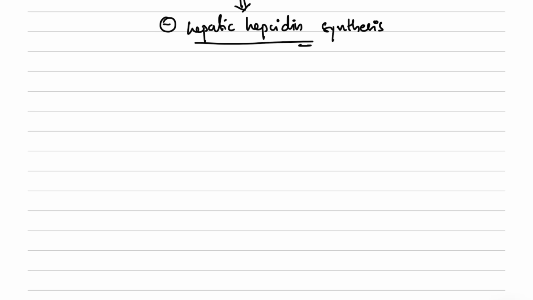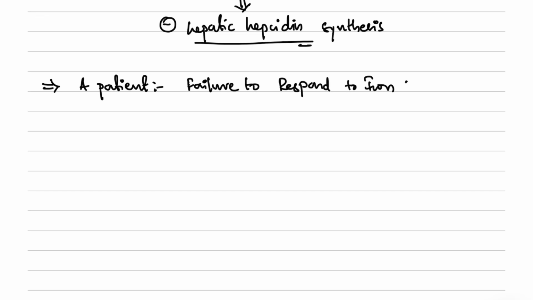Now let's look at a condition. What if a patient has come to you with an iron deficiency anemia and you have prescribed iron tablets or IV iron, but he is having failure to respond to iron therapy? A patient will come to you with iron deficiency anemia, and whenever you prescribe iron tablets or give intravenous iron therapy, the patient is failing to respond.